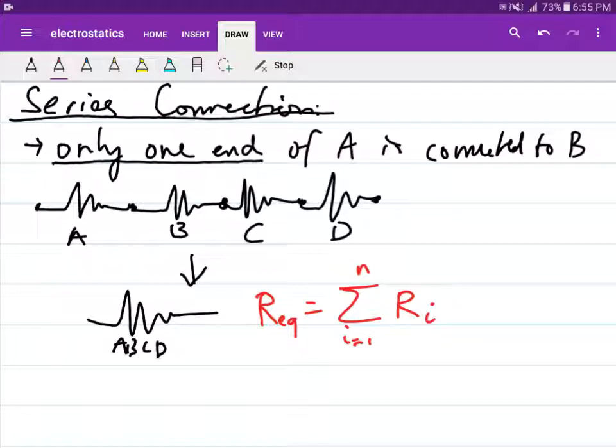So if you have n resistors, you sum up those n resistors. For example, here we want to solve for the equivalent resistance of ABCD. This is just equal to RA plus RB plus RC plus RD.